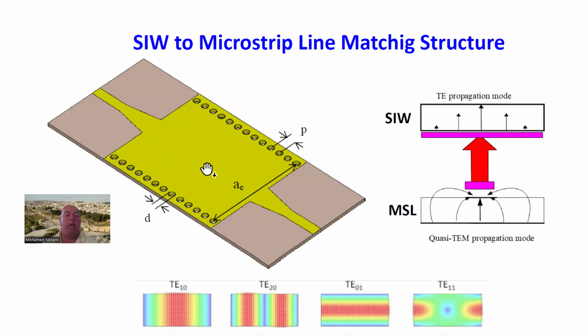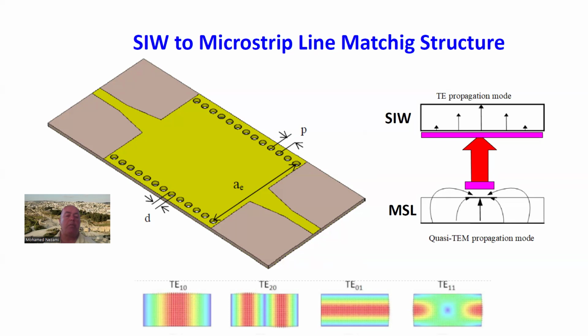And this would behave very much like a conventional waveguide, in which you can see, of course, the dominant mode is the TE10, where all the electrical field is concentrated in the middle, and it would disappear to the sides like this.